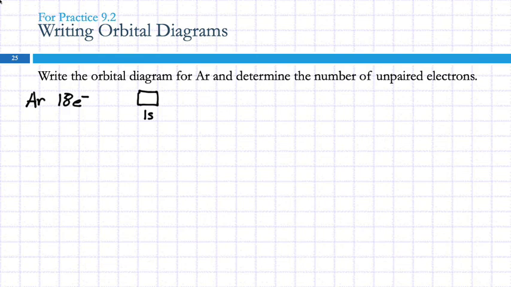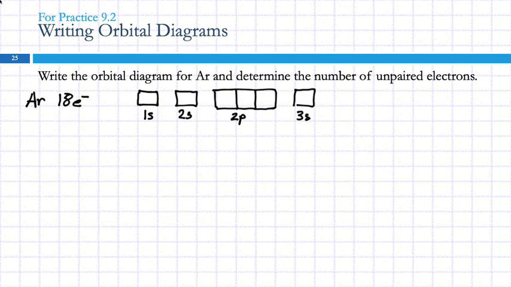So that's going to be 1s, and this will be 2s, and next will be 2p. And then we'll go up to the third floor, 3s, and then the 3p room.